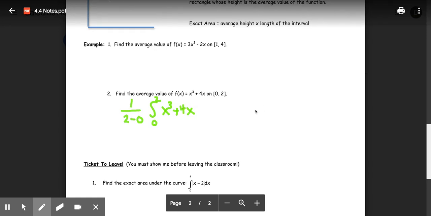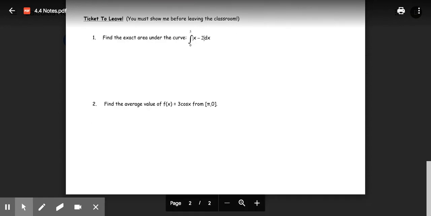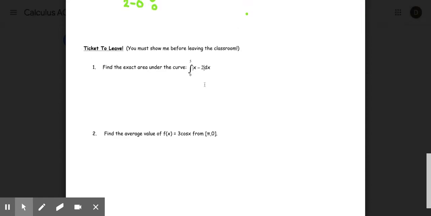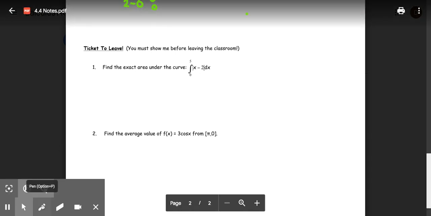So this is the one that I want to do because I think this is really important that we practice this together. All right. So find the exact area under the curve. Instead of you trying this on your own right from the start, I'm gonna start it with you. When we see absolute value, we need to find the vertex.